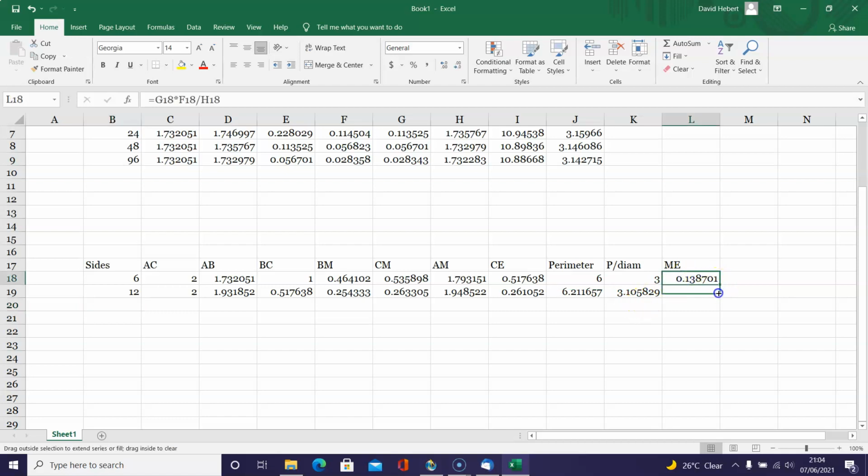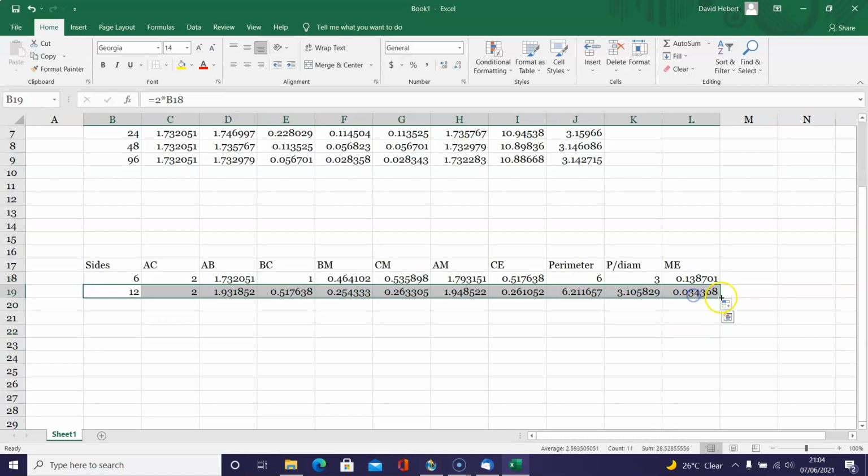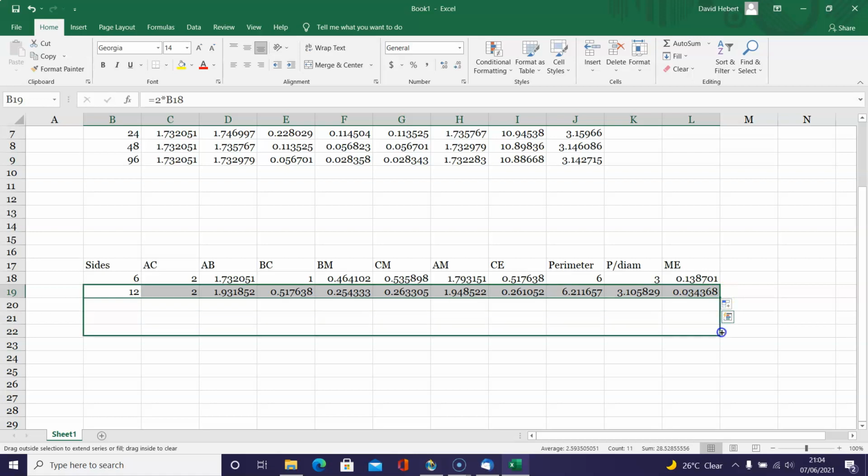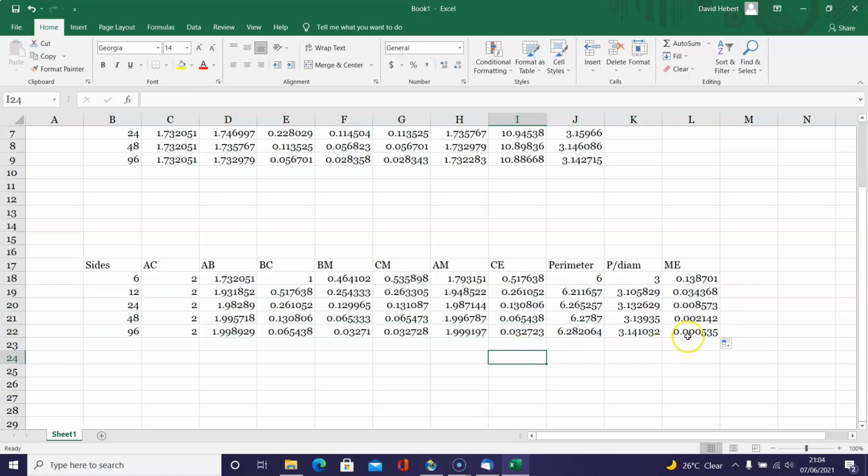And I should be able to update my new NE, and it's getting shorter. What I want to do now is simply pull this down until we get to 6 sides. And notice my value for pi is 3.141032. And you can compare that to the value above.